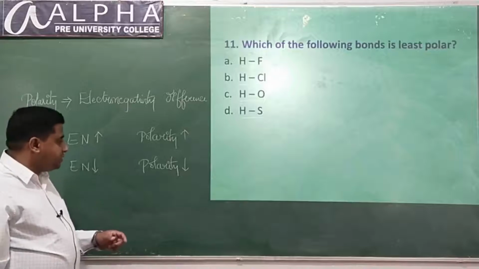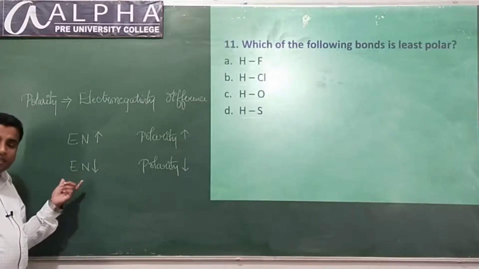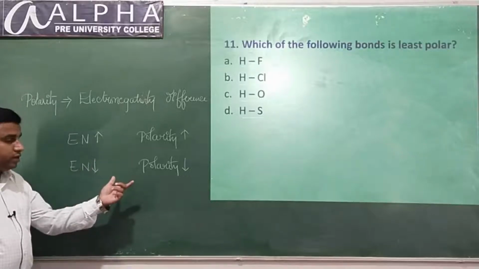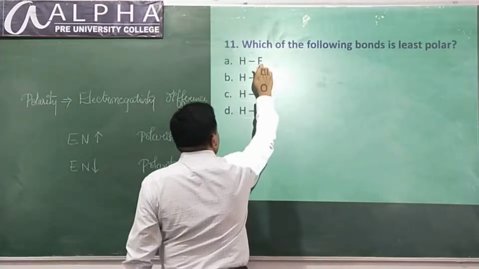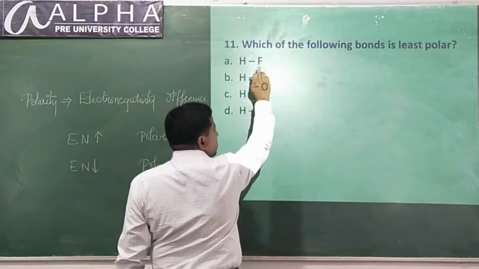Least polar means where the electronegativity is very less, that bond is going to be less polar. Here we have hydrogen and fluorine. Fluorine is highly electronegative, so this bond is highly polar.